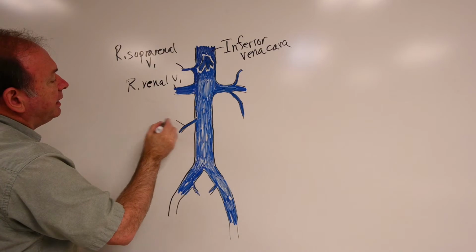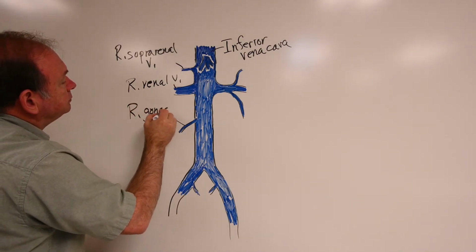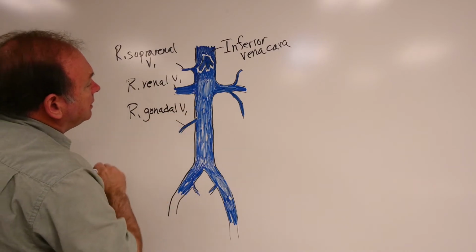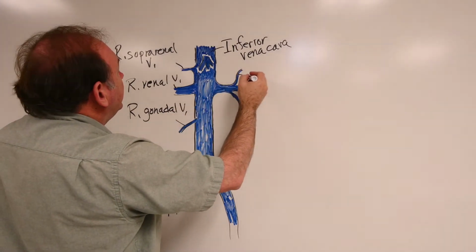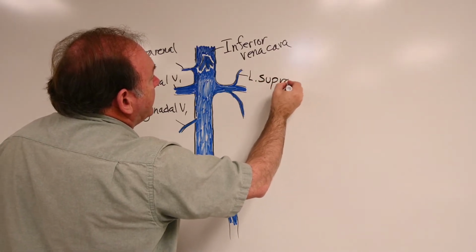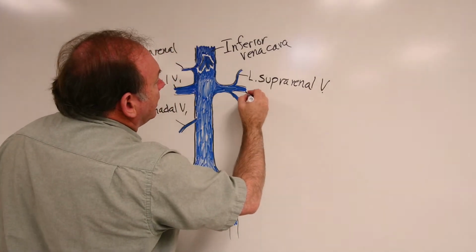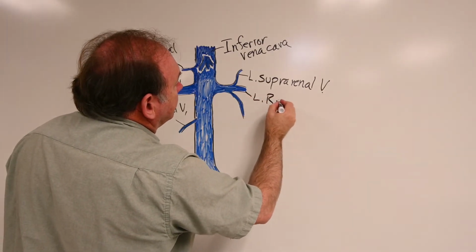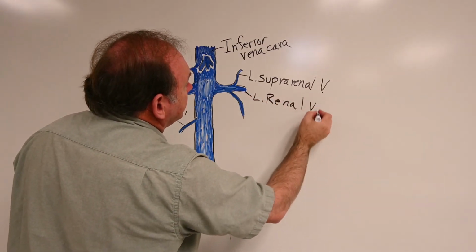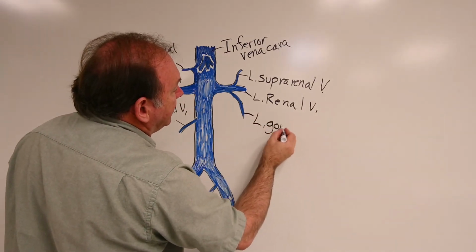Right renal vein and right gonadal vein. And on this side, here's our left suprarenal, left renal, and left gonadal vein.